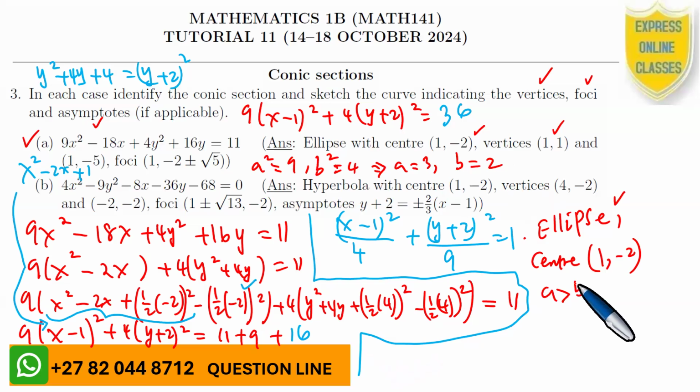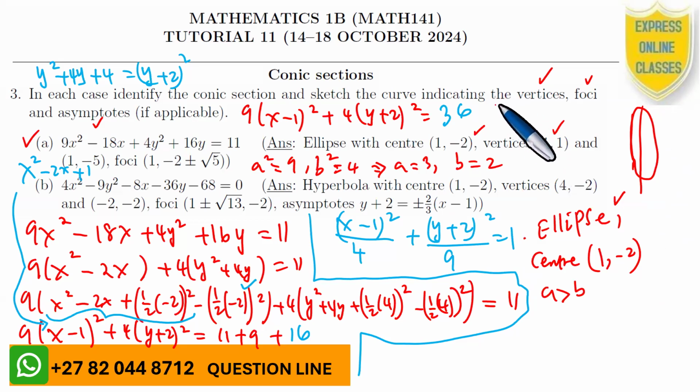If A is the biggest, then to get the vertices, you consider the fact that the center is this one. If A is actually the biggest one, it means that the major axis is going to be parallel to the y-axis. If the major axis is parallel to the y-axis, it means that the ellipse is going to be like this.